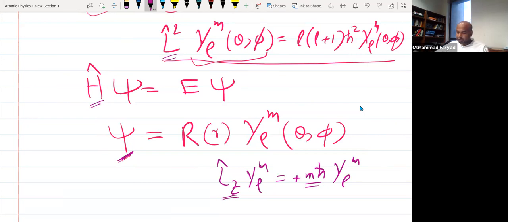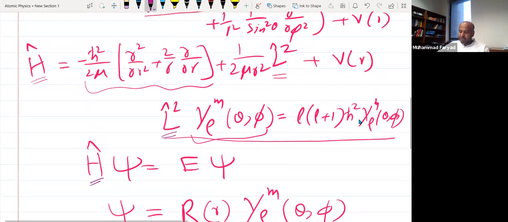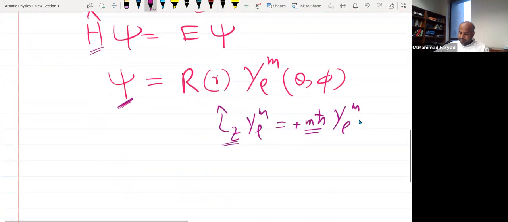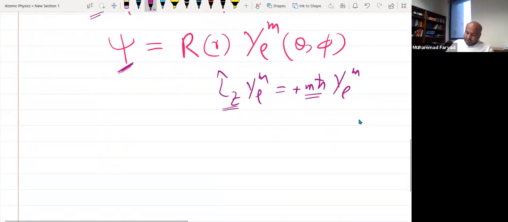I would strongly urge you to go through the solution of this differential equation, because these Y_lm are the product of associated Legendre functions and an exponential i m phi factor. So this Y_lm actually is a function like this.